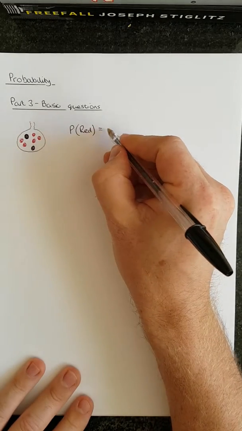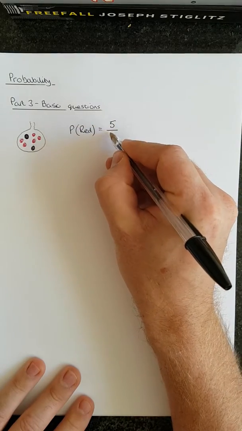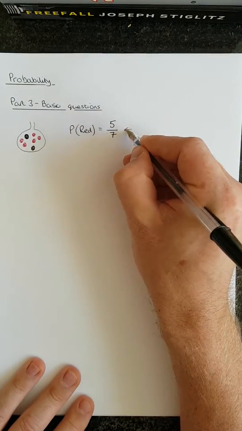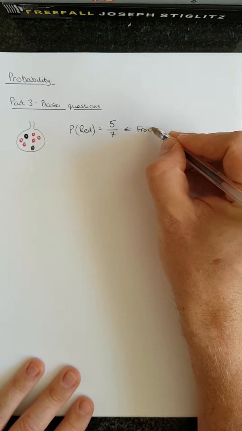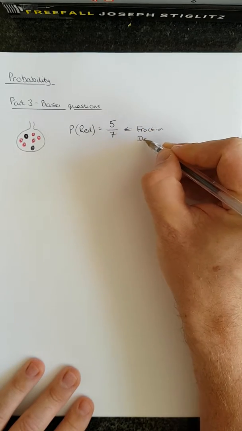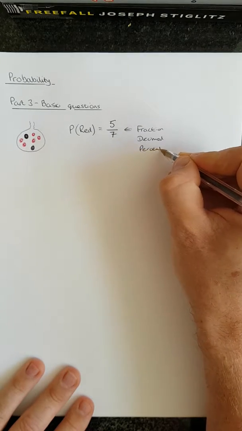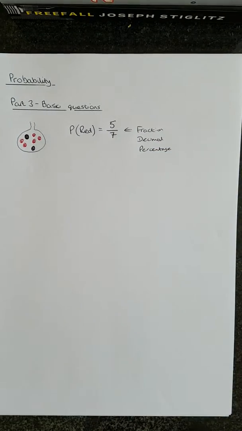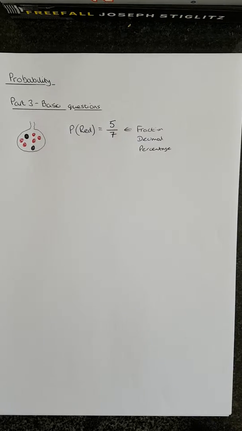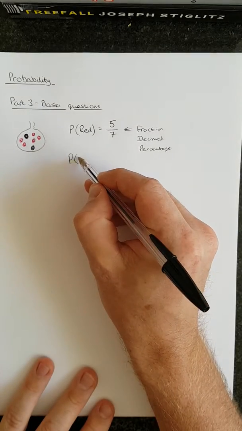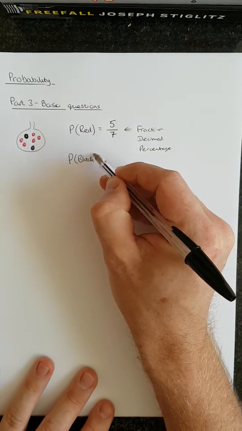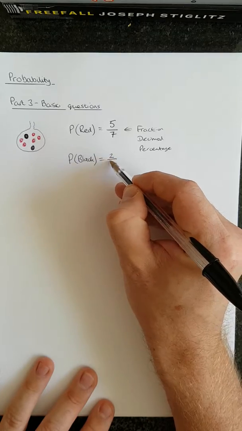Well, there are 5 red beads out of 7 beads in total. And remember to give your answer as a fraction, a decimal, or a percentage. Okay, seems all right so far. The probability that a bead is black in this bag is 2/7.